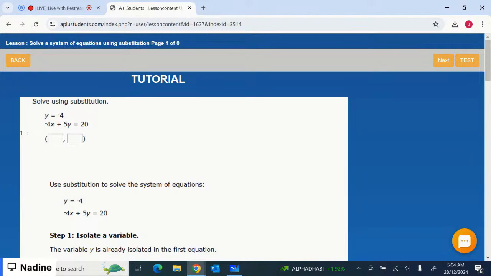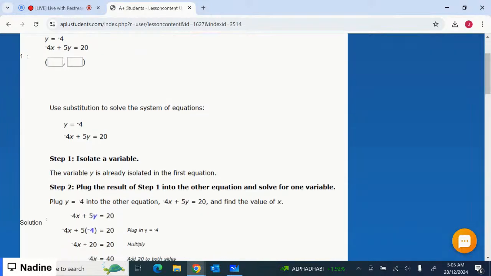So, solve using substitution: y equals negative 4 and negative 4x plus 5y equals 20. You have to solve the system using the substitution method. The first thing you need to do is isolate a variable, but here variable y is already isolated, that is y equals negative 4.